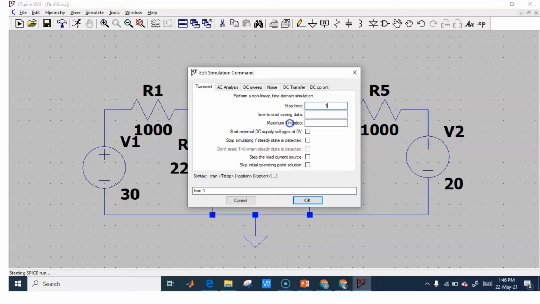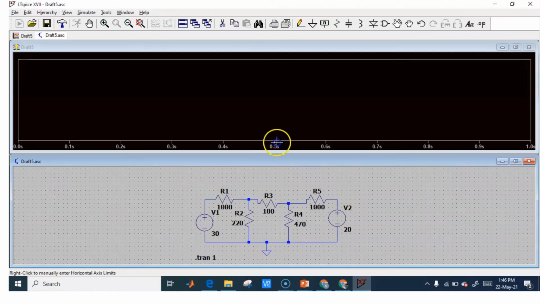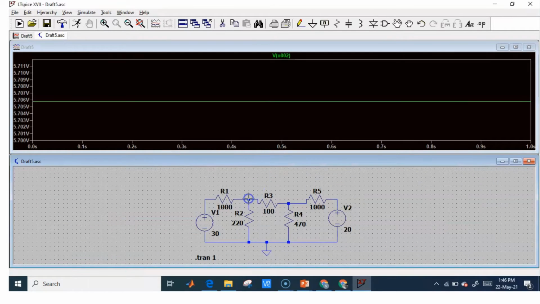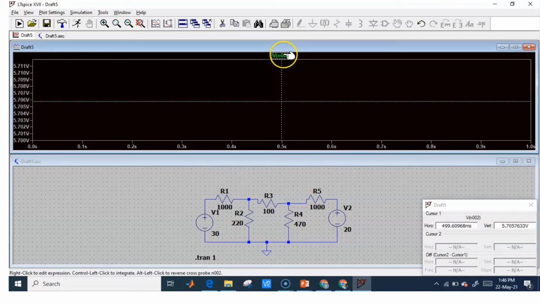Let's run for 1 second. Here the voltage of node 2, we got the value as 5.705. So we need to check whether we are going to get the same voltage as the sum of the voltage by keeping the individual voltages.